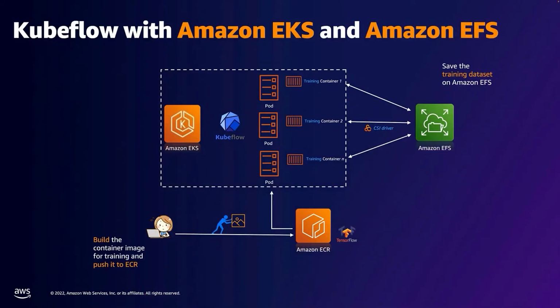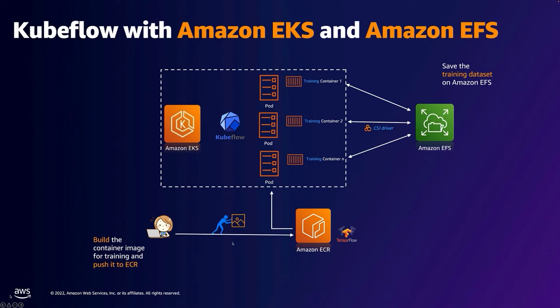Before we jump into the demo, this is the architecture of our demo. We are going to use EFS for storing our training data set. In our demo, we are going to download the training data set and run a training job on Kubeflow, and that training job is going to access the storage from EFS using the CSI driver.